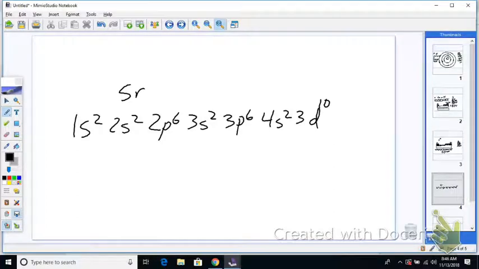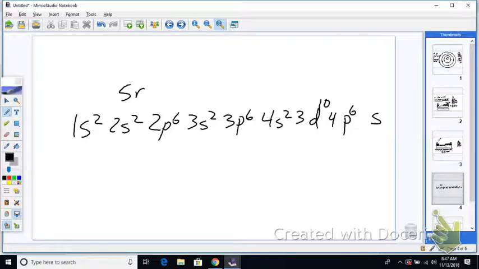Now what sub-level are you in? The P's, right? You're at gallium. You've got to go gallium to krypton. What level are those? 4. So 4p6. I'm at krypton. I've got to go 2 more. So now I'm at the S's.